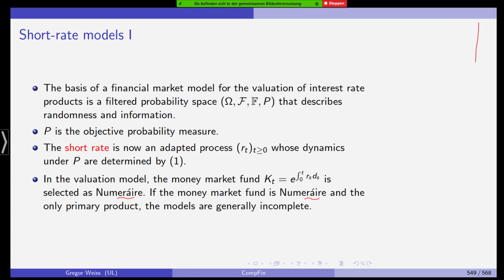Und nichts anderes tun Sie jetzt hier eigentlich. Sie nehmen die risikolose Anlage. Das ist jetzt hier in dem Fall einfach ein risikoloser Money Market Fund, K_t. Sie sehen ja schon, das ist der Diskontierungsfaktor, ist also wieder auf 1 standardisiert. Wunderbar. Und dann drücken Sie alle Preise später aus als Vielfaches des Numerairs. Das heißt also, dass letztlich alle Preise auch schon die risikolose Anlage direkt widerspiegeln.